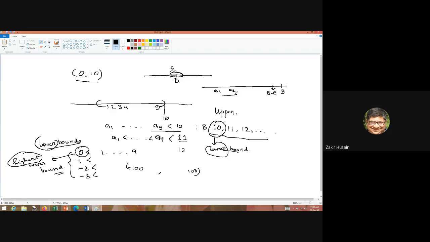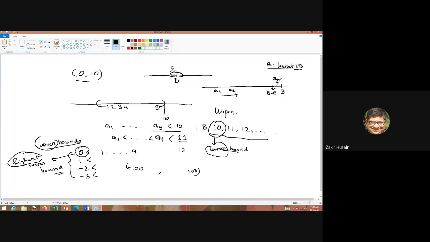So the series is increasing like this. We had said that B is the lowest upper bound. Now, can a point like this, which is also within the set, be defined?